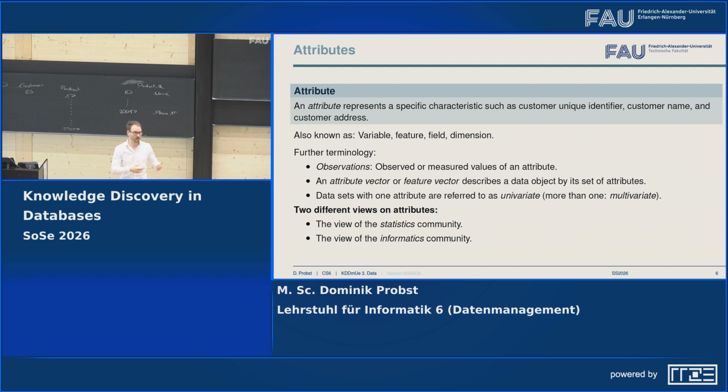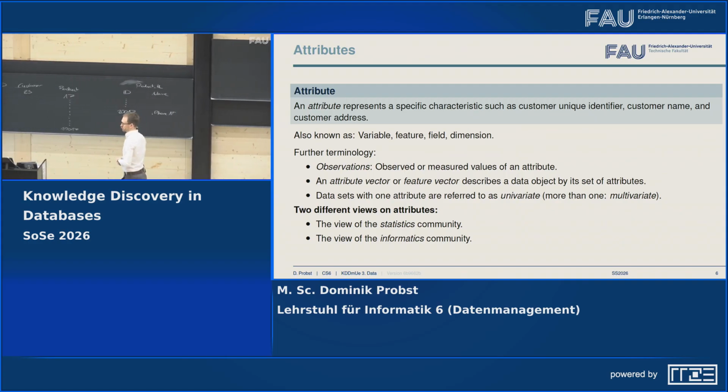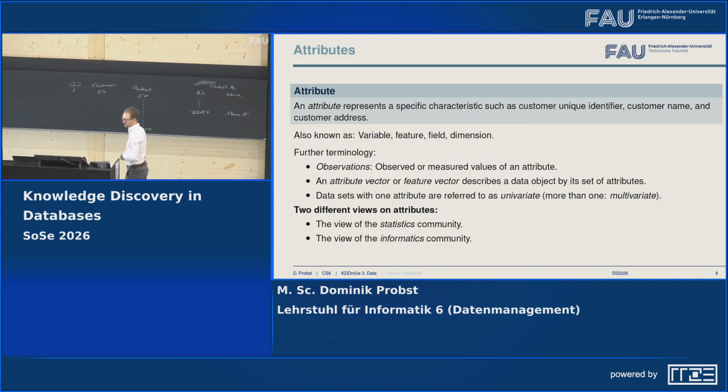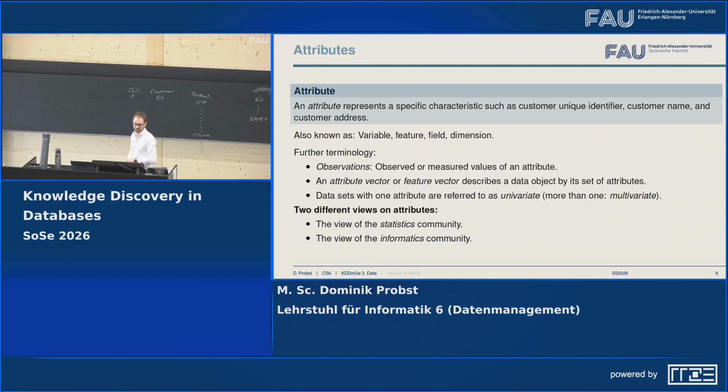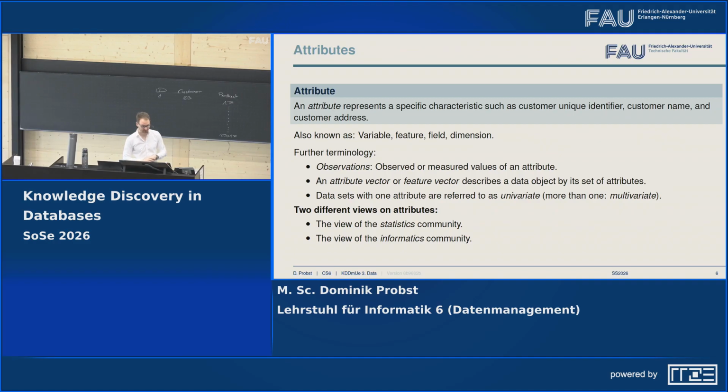Dimension, I already introduced with the curse of dimensionality. Feature is also important for some methods which are using this terminology more often. And attribute is more or less the thing we are using in databases.